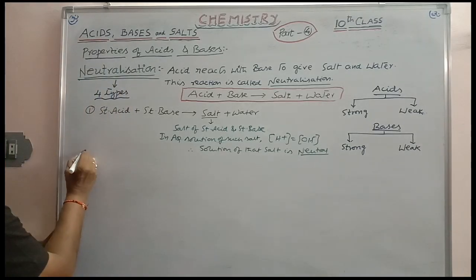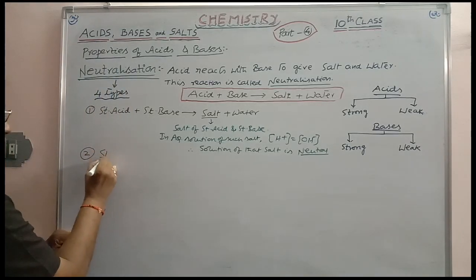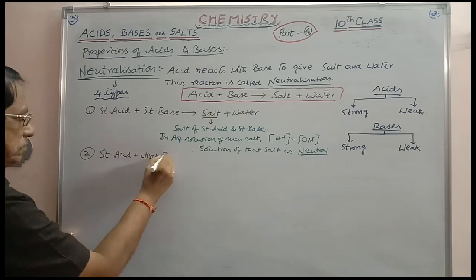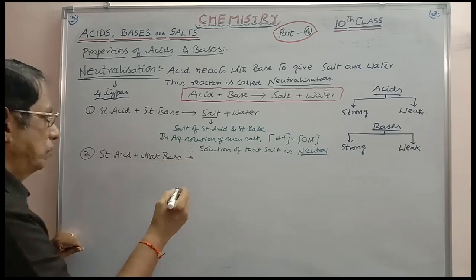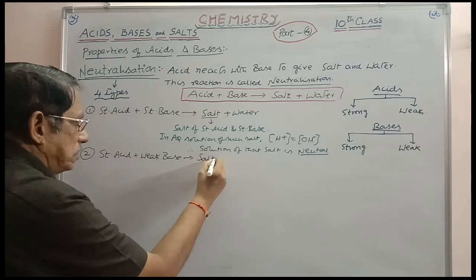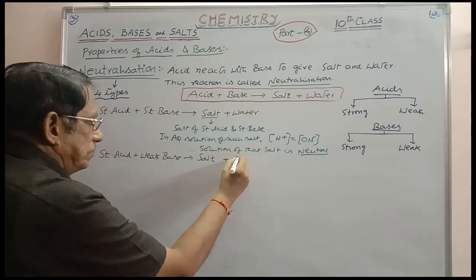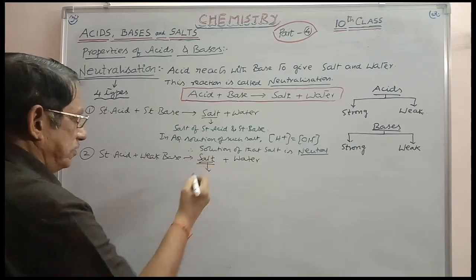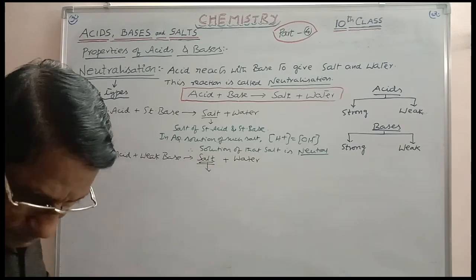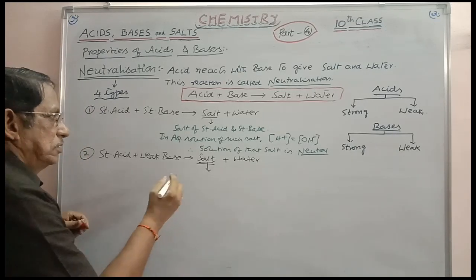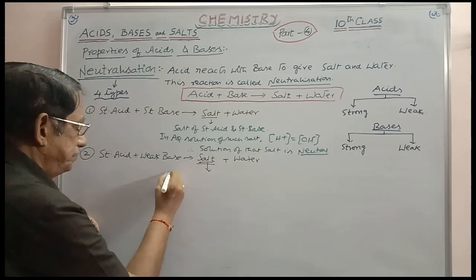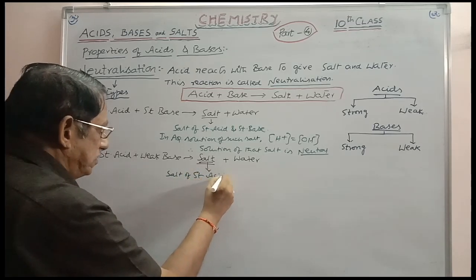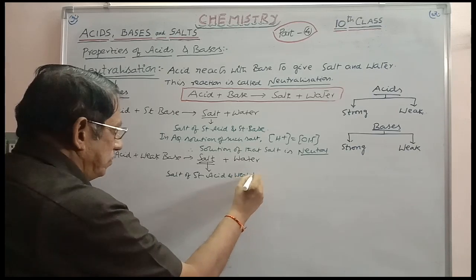Second case, you can take here strong acid plus weak base will give you once again salt plus water. Here if you take this salt, what is the result? This is called salt of strong acid and weak base.